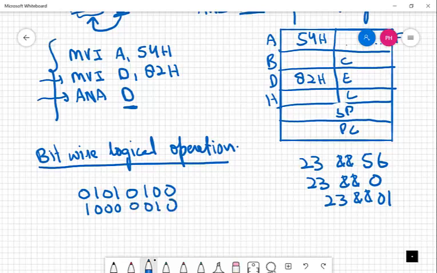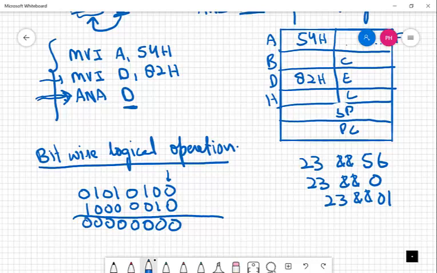So when the third instruction is executed, that is AND D, the contents of register D are ANDed with A, but bitwise ANDed. That means each bit is ANDed with its corresponding bit. So if I AND the first bit, 0 and 0, I will get a 0, 0 and 1, I will get a 0, 1 and 0, I will get a 0, and so on, giving all zeros.